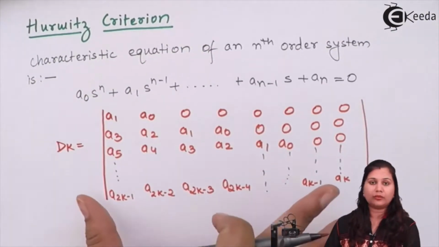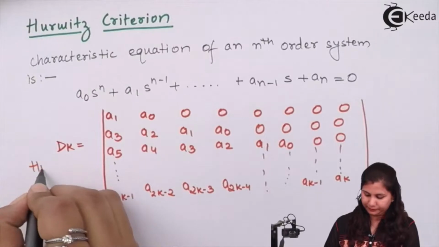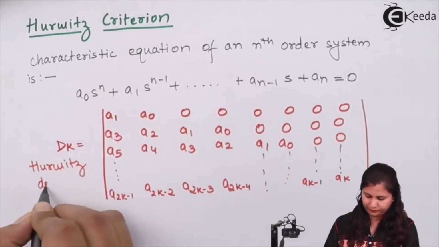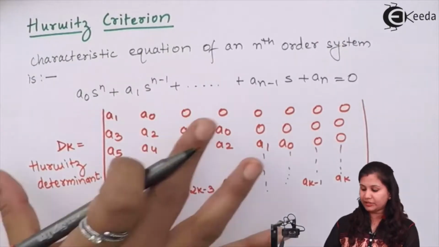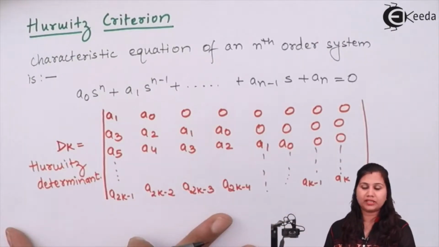So this is the Hurwitz determinant. Okay, this is the generalized form of the Hurwitz determinant.